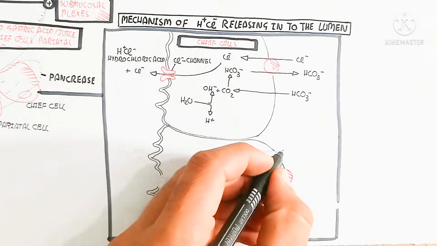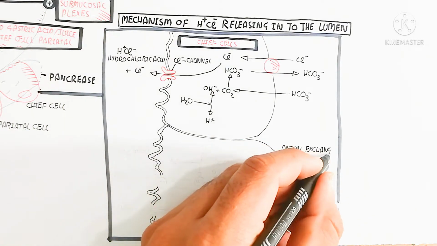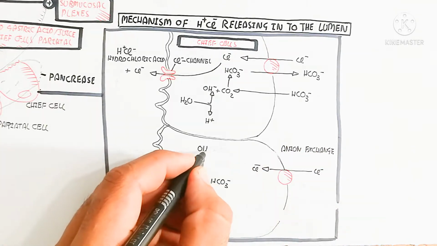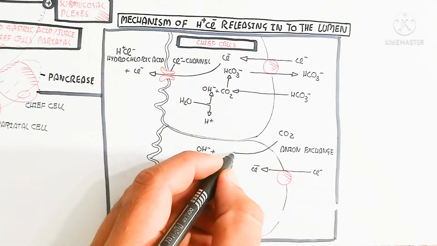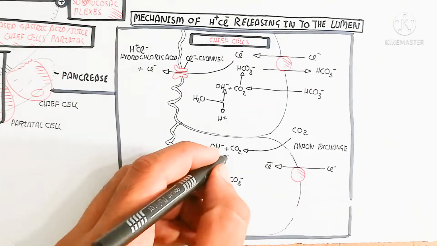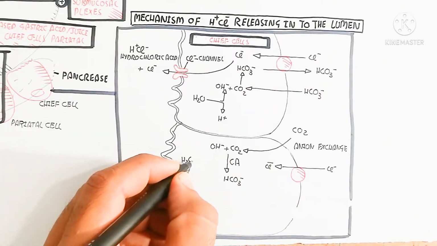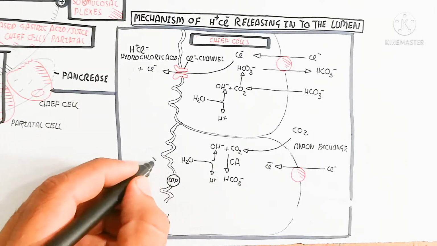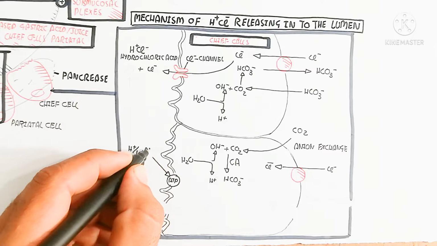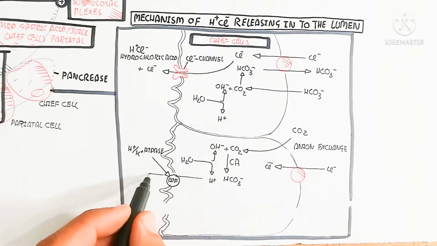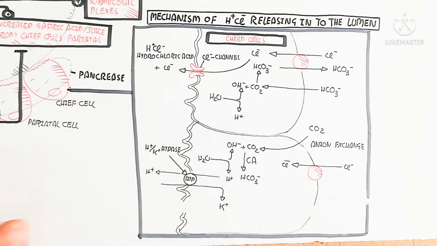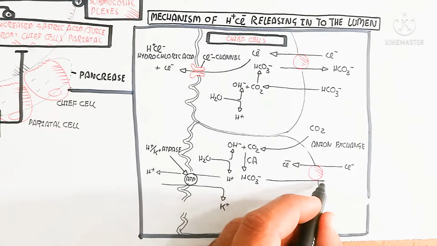The hydroxyl combines with carbon dioxide to produce bicarbonate. An anion exchange occurs, and carbon dioxide diffuses from the blood into the cell. Again, the carbonic anhydrase enzyme acts on carbon dioxide and hydroxyl to produce carbonic acid as well as bicarbonate.